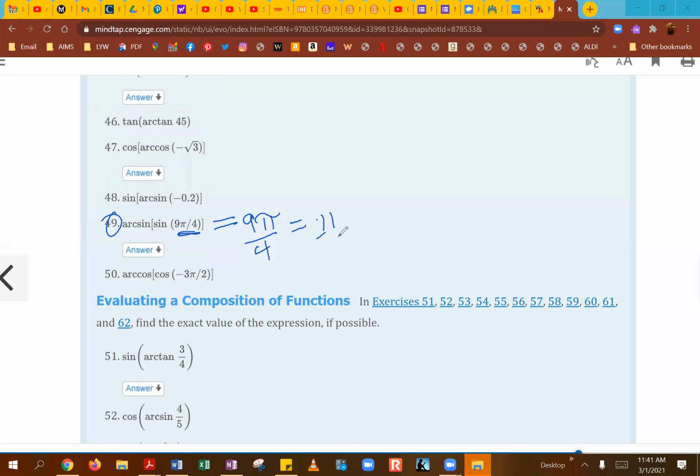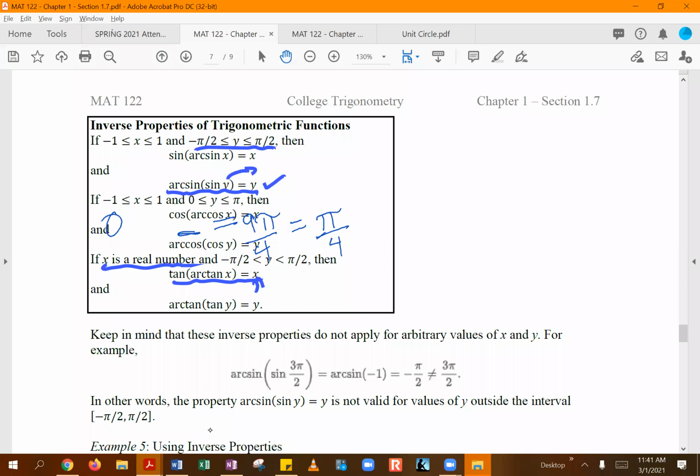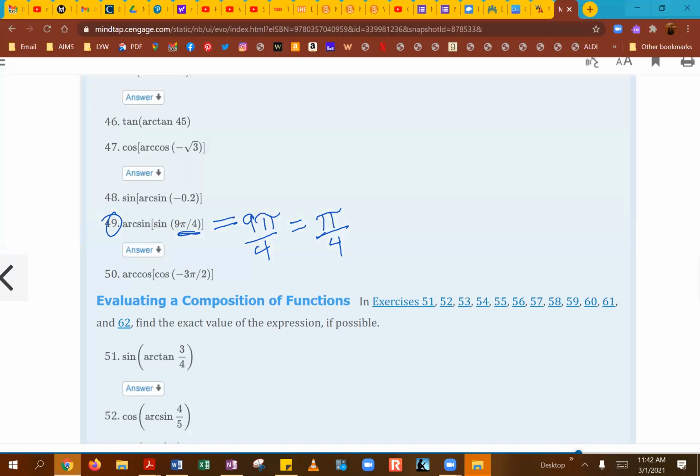We're basically doing this so that we can stay in the range of negative pi halves to pi halves, because technically with 9 pi over 4, you're having to make a full circle. So to stay within that range, we will rewrite this as just pi over 4. And we know these are equivalent angles, so we're not really changing the answer. We're just getting rid of that 2 pi, that full circle from this.